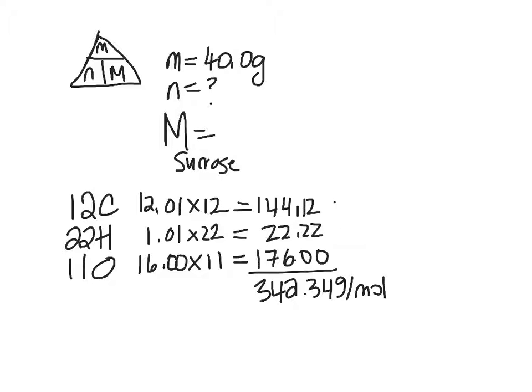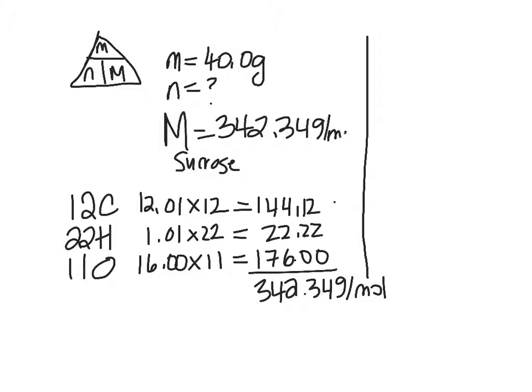So we're going to do this two ways. I'll show you formulas and I'll show you dimensional analysis. You pick the way you're comfortable with, okay? Hopefully you'll get more comfortable with dimensional analysis. Okay. So now I know molar mass. I want to find n, so it's mass divided by molar mass.